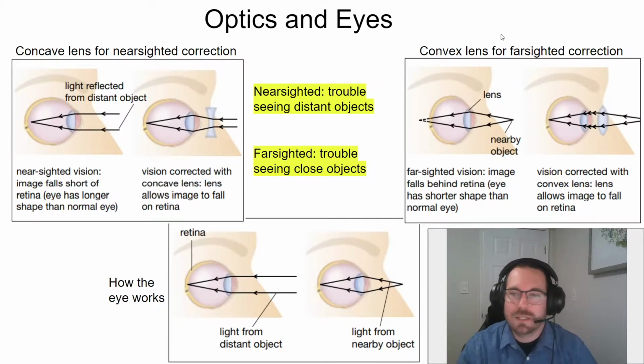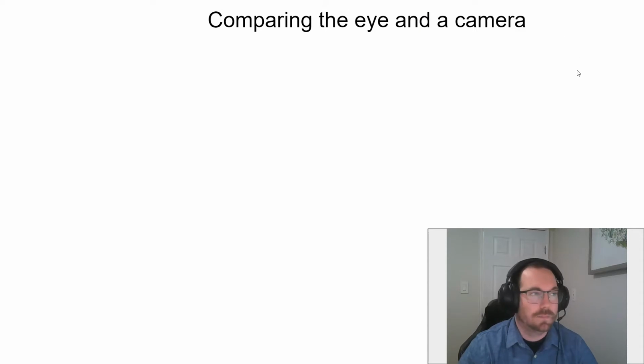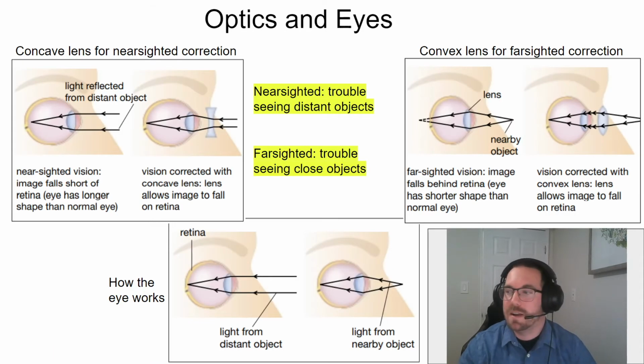But a better way for us to understand our eyes is using something that we know a little bit more about, or connecting it to something that we might be able to use, and that's the camera. There are many different similarities between the human eye and the camera. And we're going to be exploring a number of these in our next video.